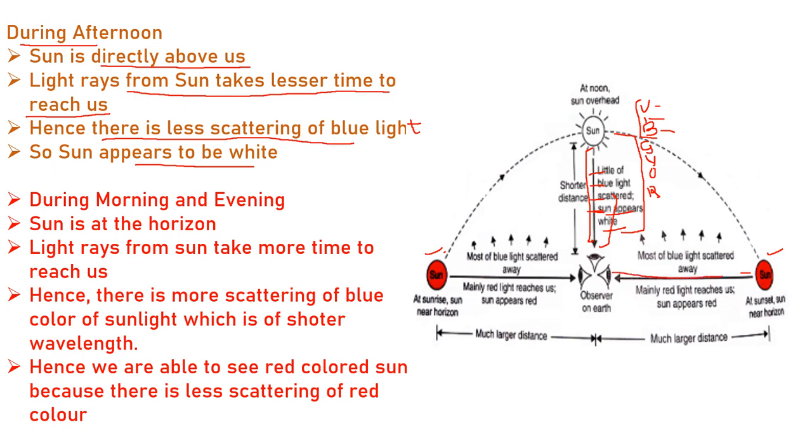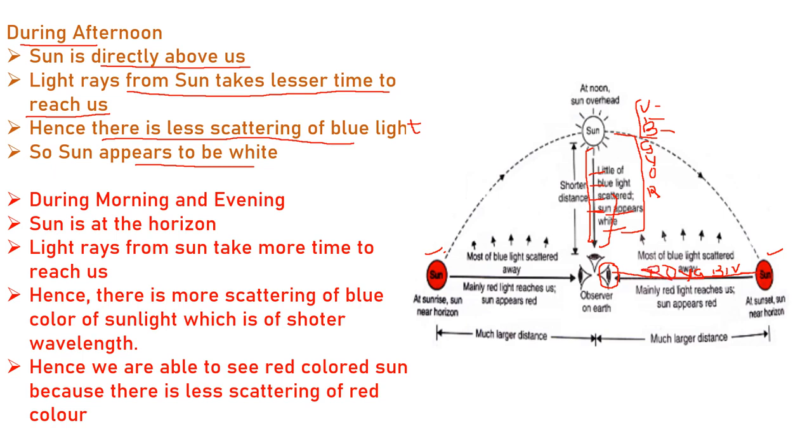This distance from the sun towards the observer has increased, right? So what happens when the light is passing through here? Let me write VIBGYOR.